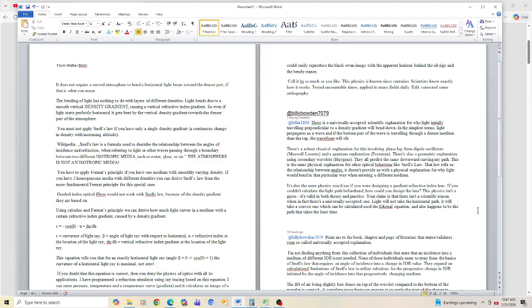With the iconical equations, if the light continues to enter into a denser and denser and denser medium, which really can only exist in a downward path into our atmosphere, not horizontal, the bottom part of the wavefront, if it's moving in a denser medium, it's traveling slightly slower than the little bit above that and the little bit above that, but it's not hitting a change at an angle of incidence.